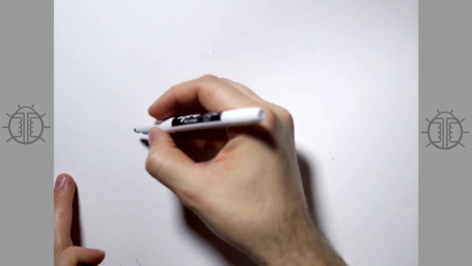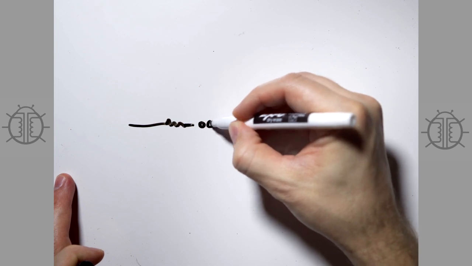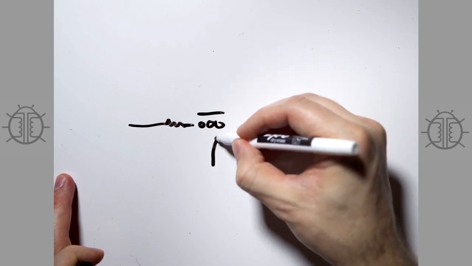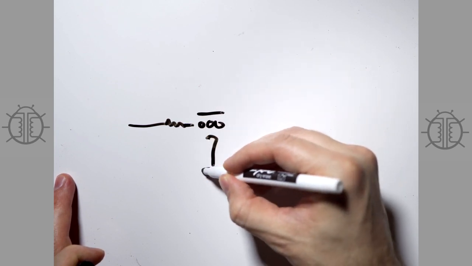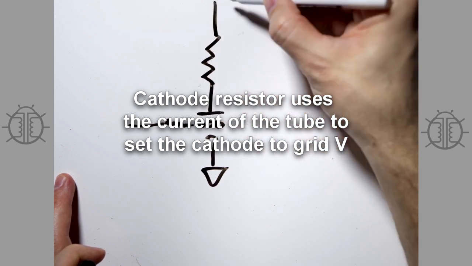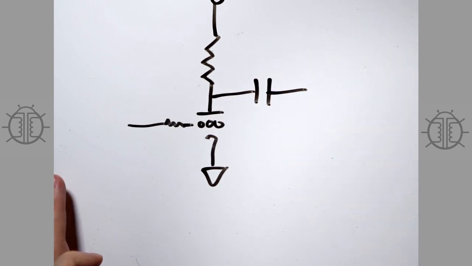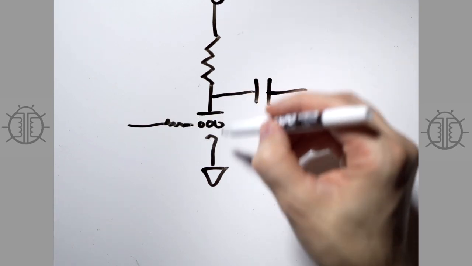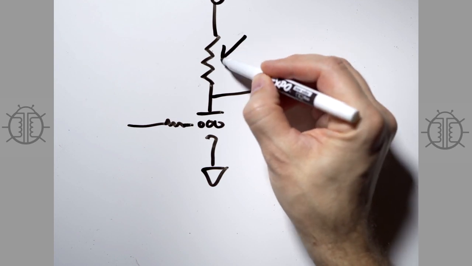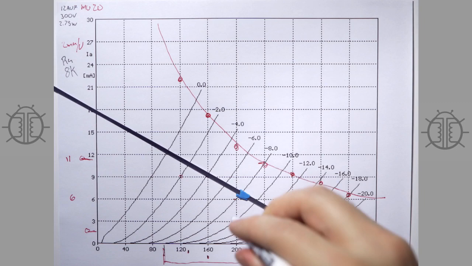So like I was showing before, you come in, you've got your grid leak, your grid, your plate, cathode here. We forgot the cathode resistor, but that's not important here. We're going to have a load resistor, a supply voltage, and output, and then we're going to come over here. So this is important. We have a DC operating point that's set by this resistor alone, and that's how we get our DC operating point here.